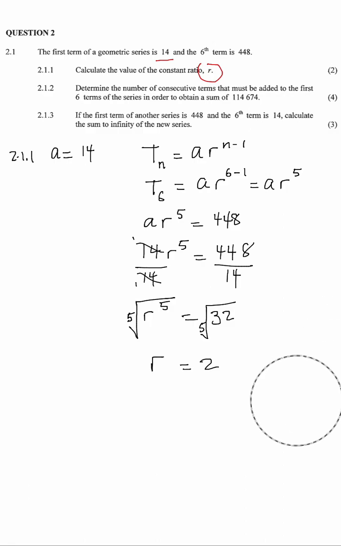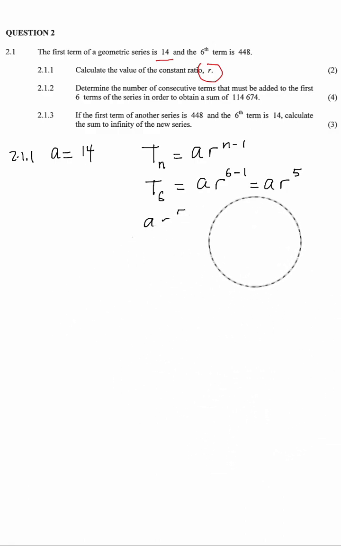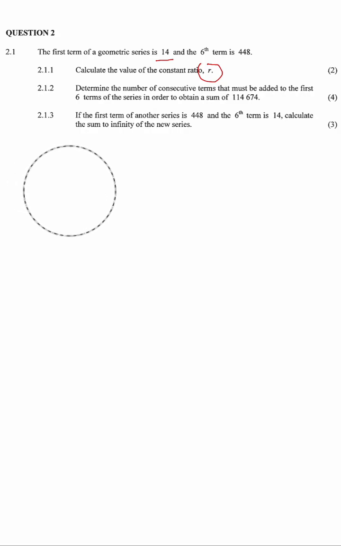So I'm just going to erase this and make way for the next question. For 2.1.2, it says determine the number of consecutive terms that must be added to the first 6 terms of the series in order to obtain a sum of 114,674.